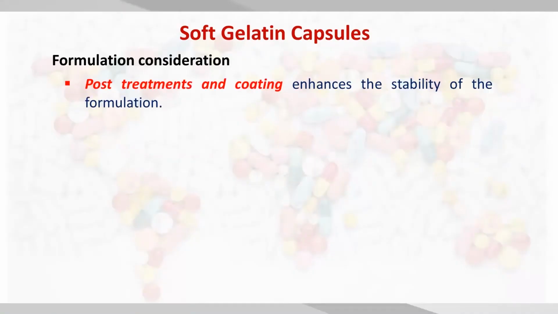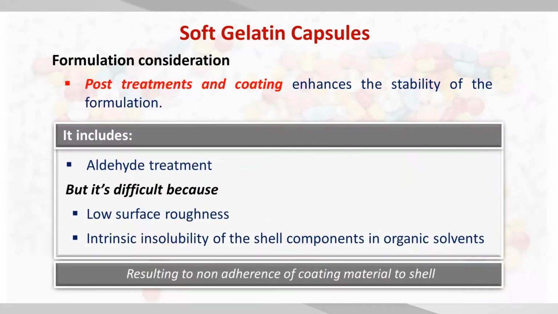For the formulation consideration, it is very important to discuss the post treatment or the coating of soft gelatin capsules, because it also helps to enhance the stability of the formulation. It includes aldehyde treatment. In general, we do not use any post treatment or coating, but in specific cases like vitamins, we use aldehyde treatment to stabilize the formulation.